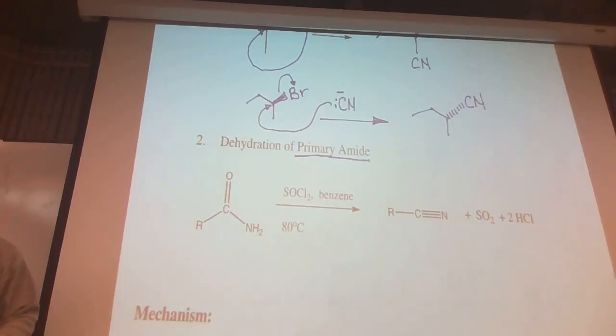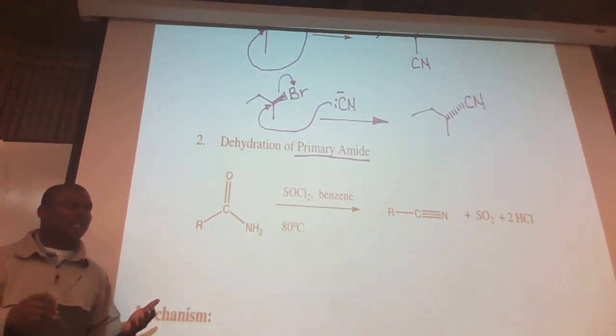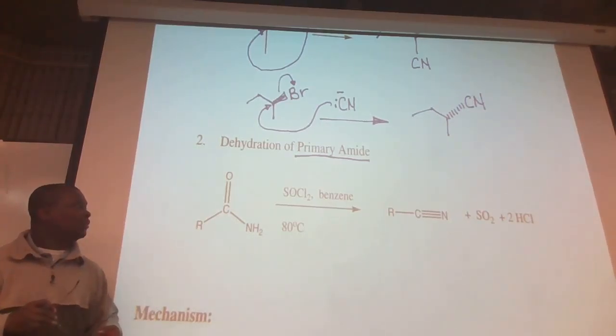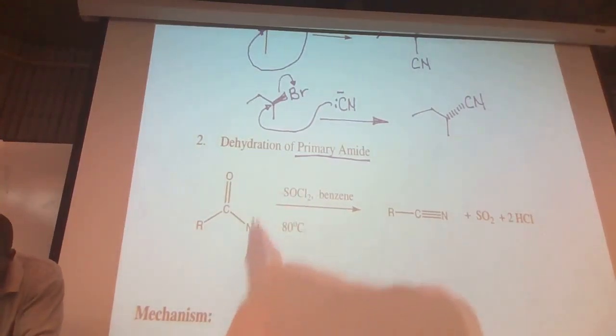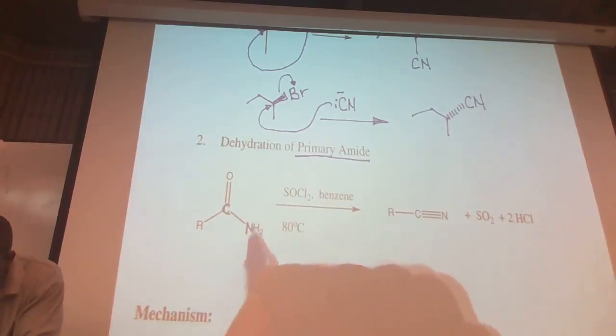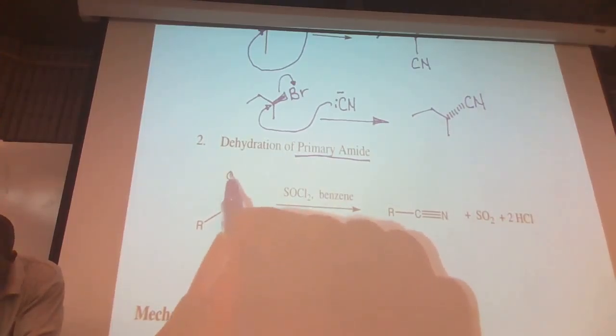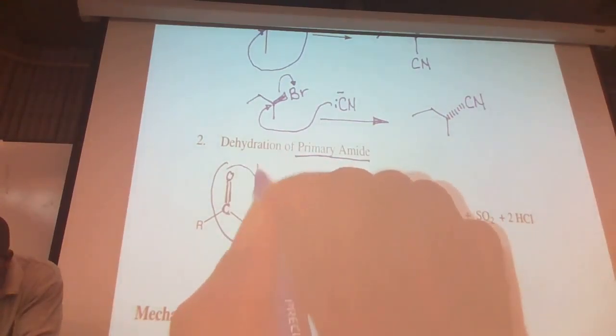Formation of amides is something we'll be talking about later on, because it's one of the derivatives of the carboxylic acid functional groups. But at least you should know that if you have a nitrogen connected to your carbonyl, this group is called the amide group.